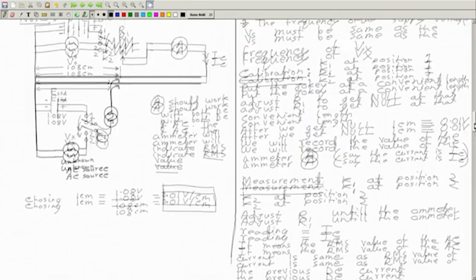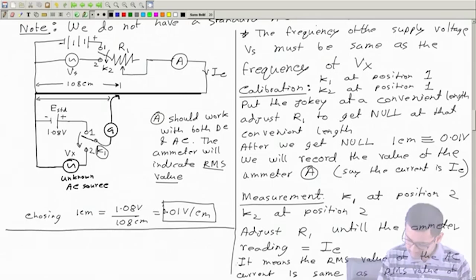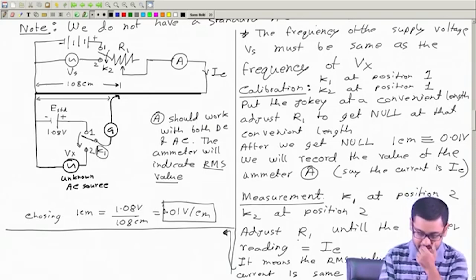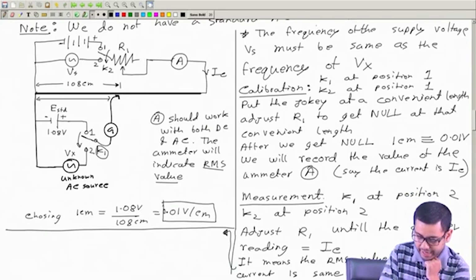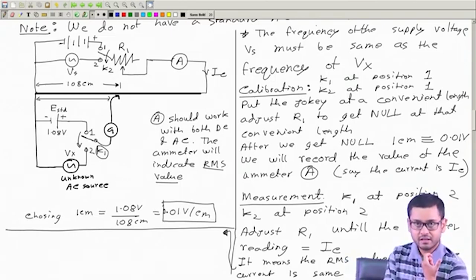If that is the case, let me write here now. This ensures that if same RMS current is flowing, then the RMS value of the voltage across this wire is same. Although previously it was DC, now it is AC, but their RMS value is same.